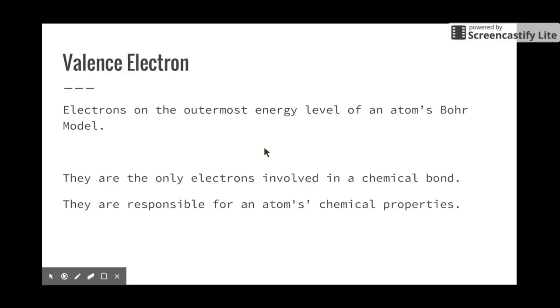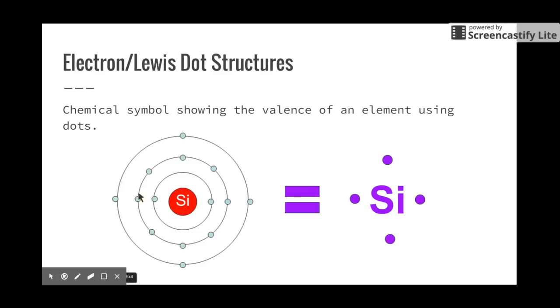So valence electrons first. If you don't know what a valence electron is, valence electrons are electrons on the outermost energy level of an atom's Bohr model. They're the only electrons involved in a chemical bond, and they are responsible for an atom's chemical properties. So if you remember drawing a Bohr model, here's the Bohr model for silicon. You usually use the periodic table to figure out how many rings it has and how many electrons go in each ring.